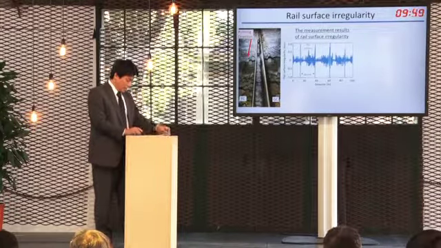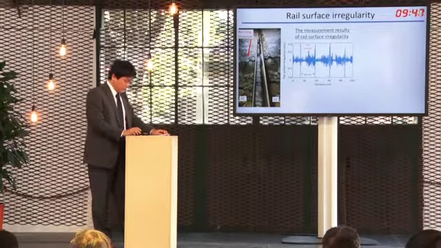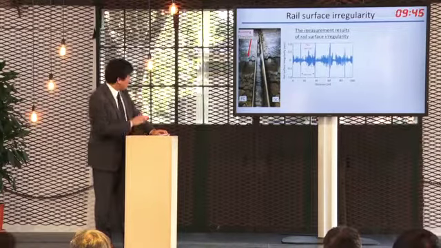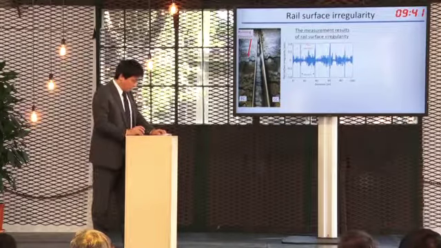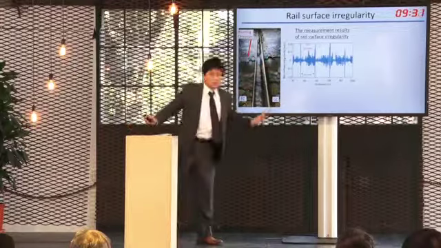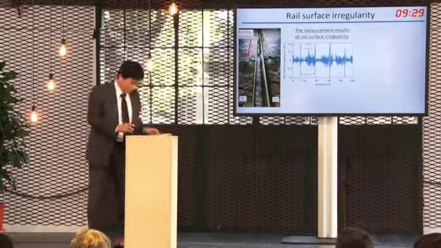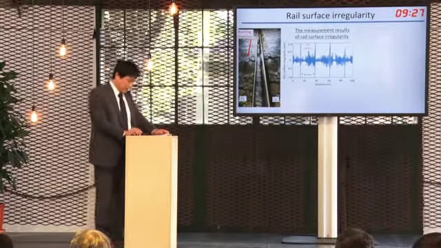Next, I would like to point out rail surface irregularity, as you can see in this image here. So we measured the rail surface irregularity in these sections. Here shows the example of the measurement of rail surface irregularity.